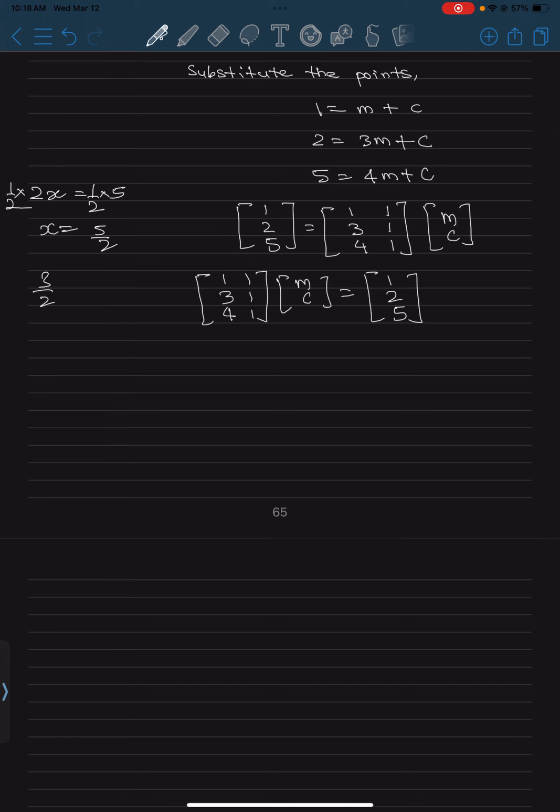If you have x over 3 equals 5 and you don't know how to take fractions to the other side, you multiply by a number so that they cancel out, so that x is alone and you can solve for x. You try to do something similar. You just want to make sure that this column vector m, c is alone.